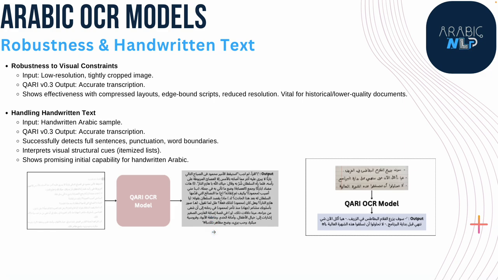So this is really useful for digitizing historical documents, because we have a lot in Arabic that are not digitized. So this is one of the most important applications that can be built on Qari version 3.